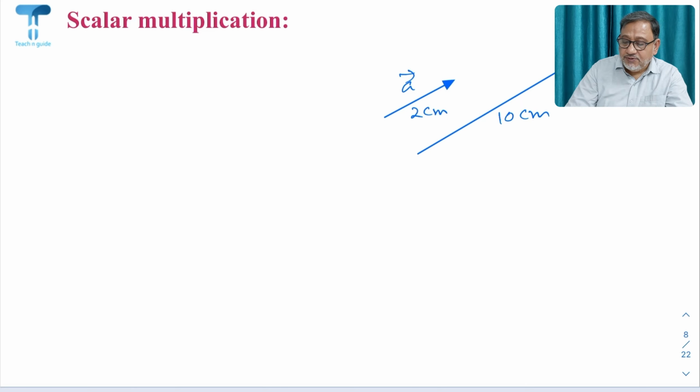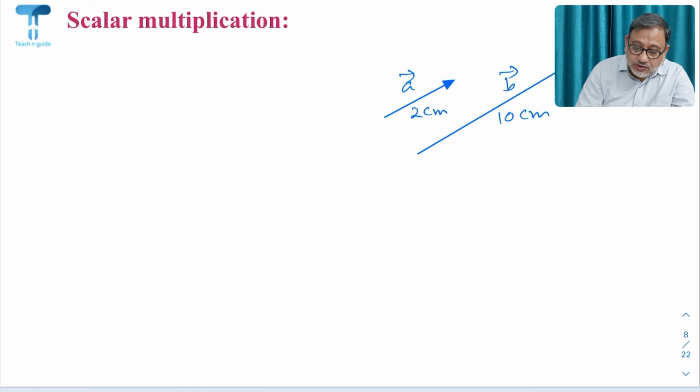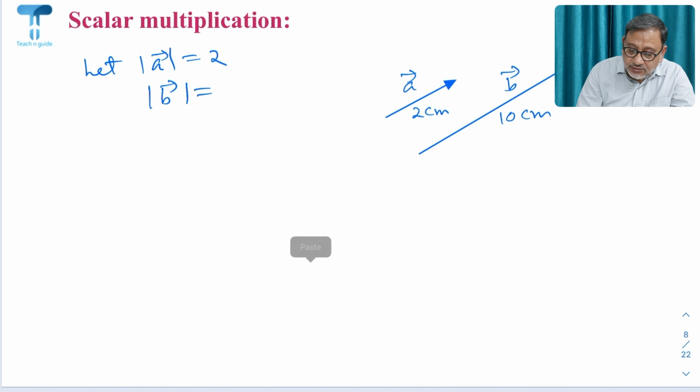Now suppose this is vector B. I can represent vector B in terms of vector A. So I can write, let magnitude of vector A be 2, magnitude of vector B be 10, and vector A and vector B have the same direction.